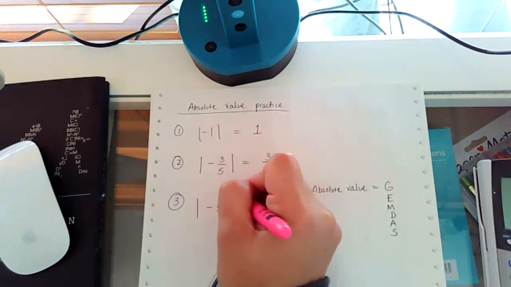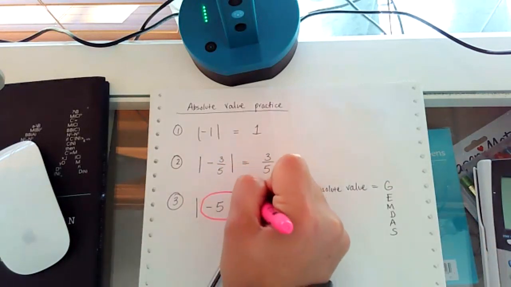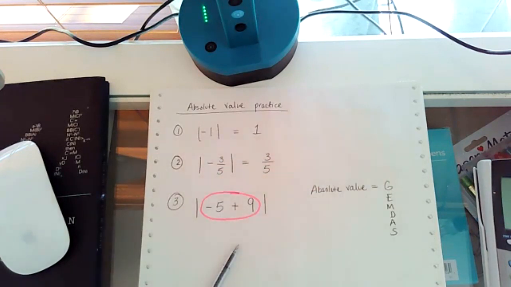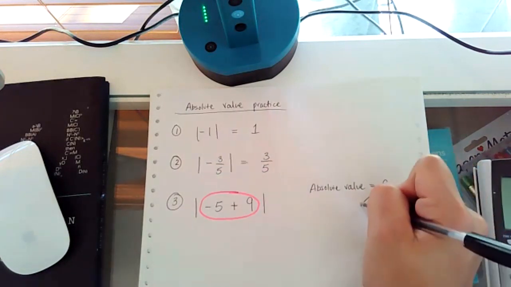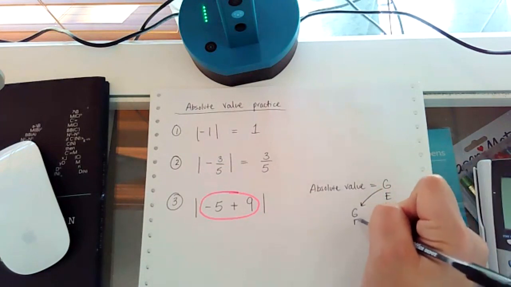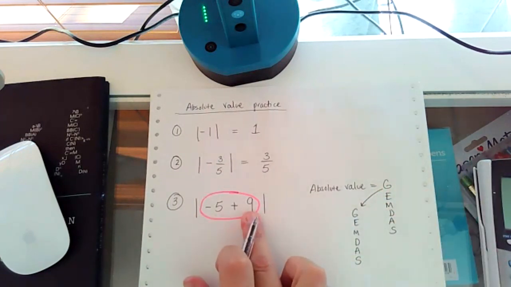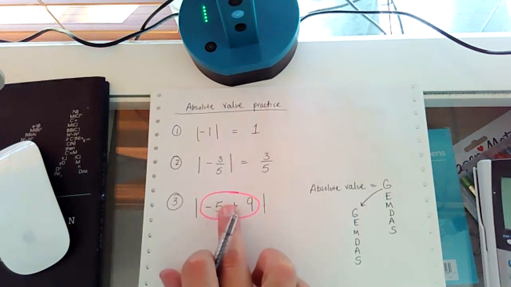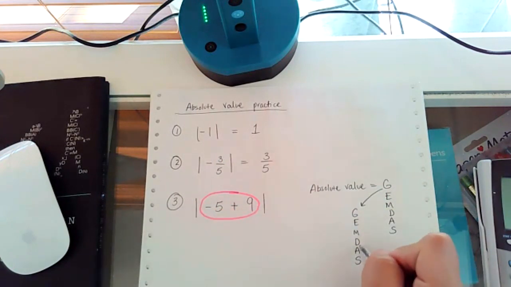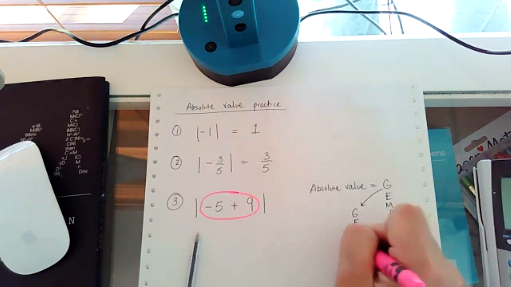So think about it like the stuff in here is grouped together. So within this grouping symbol, I have to think about doing GEMDOS again for whatever operations are in here. Well, the only operation in here is addition. So I'm going to skip right to addition, and that'll be the first thing that I do.